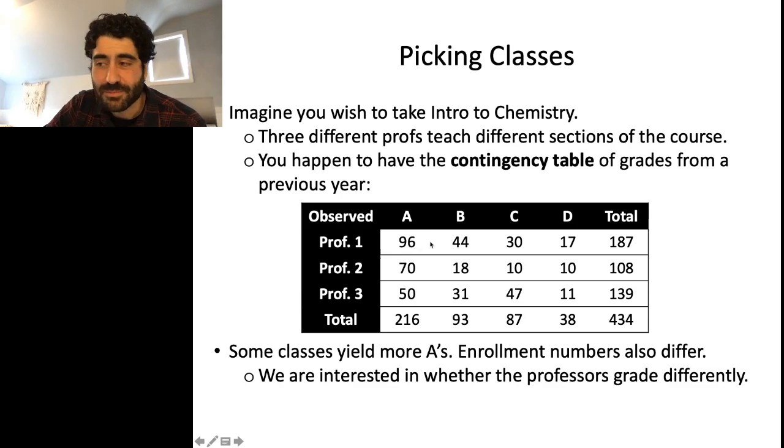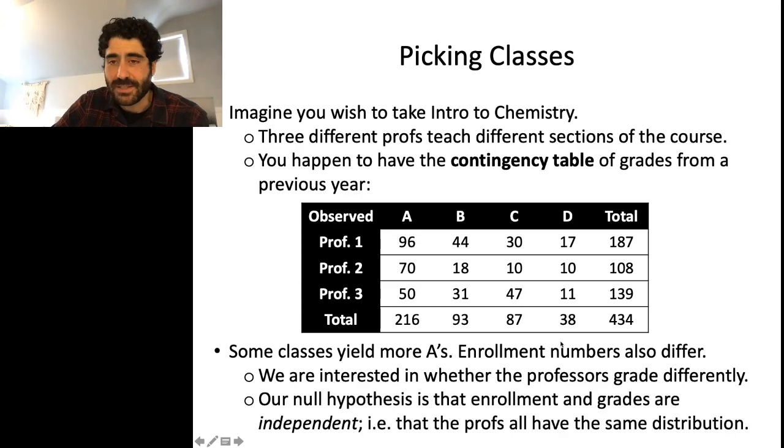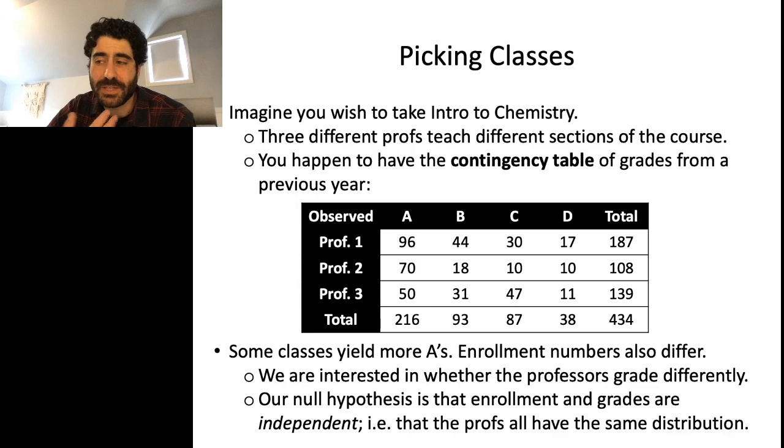So are different professors giving a different fraction of people A's, B's, C's, and D's? And so the null hypothesis here is that the classes and the grades are independent, that there's some probability of getting an A, and there's some probability of being in Professor 1's class. The probability of getting an A in Professor 1's class is just the product of those two probabilities.